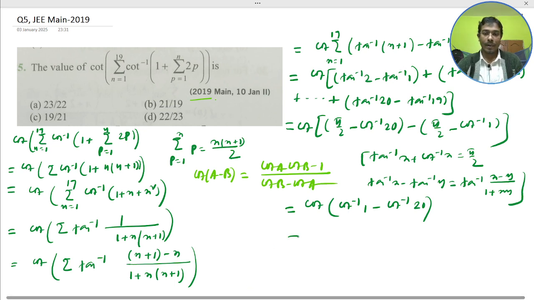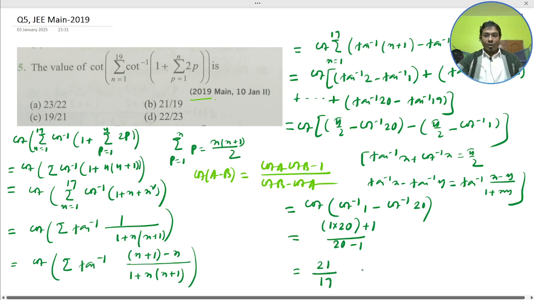Now this would become 1 into 20 plus 1 over 20 minus 1, this formula applied, so this would become 20 plus 1 is 21, 20 minus 1 is 19. So 21 by 19 would be our correct answer, option B.